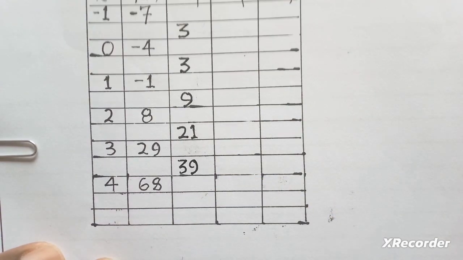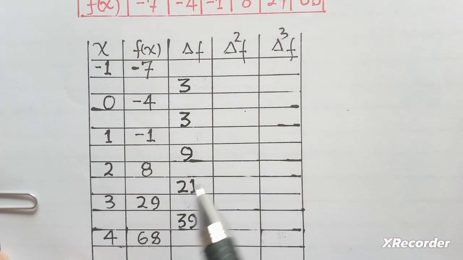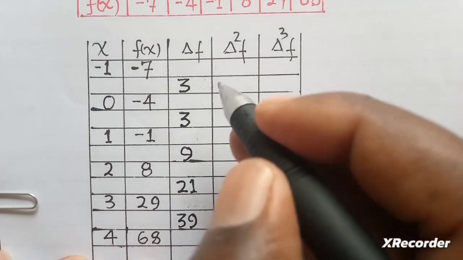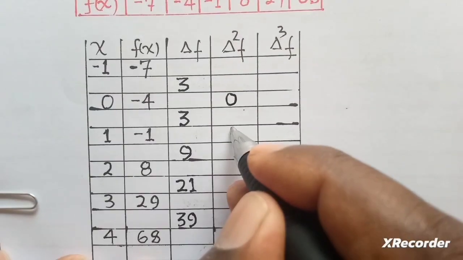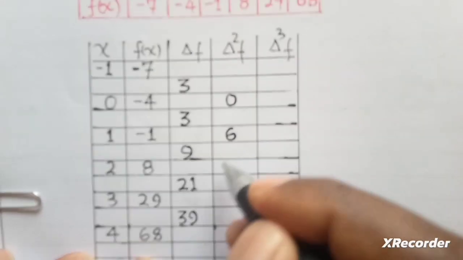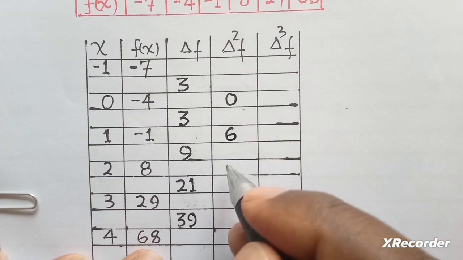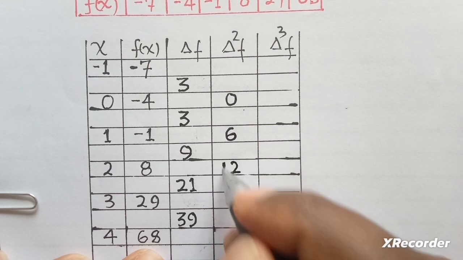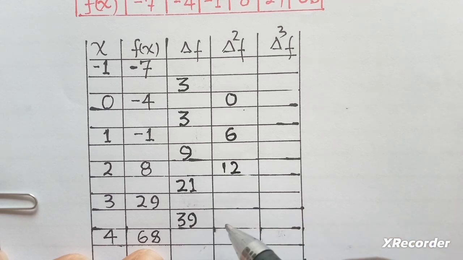We continue. We come now to the second differences. We do the same. 3 minus 3 will give us 0. 9 minus 3 will give us 6. 21 minus 9 will give us 12, because 9 plus 12 is 21.